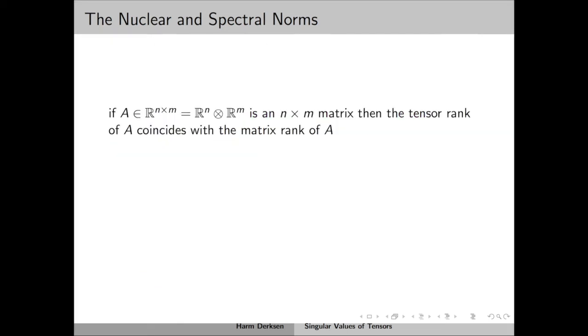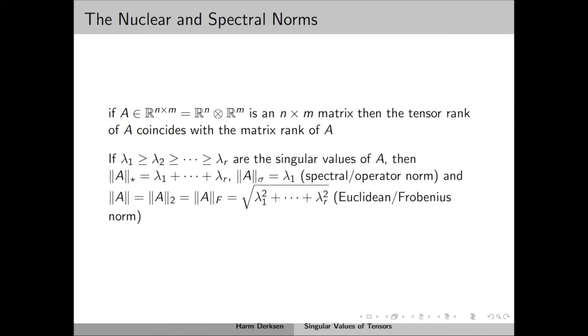Maybe I'll just mention here, if we work with matrices, then the tensor rank is the same as the matrix rank in that case. The nuclear norm in that case is also the nuclear norm as it is defined for matrices, which is the sum of the singular values of a matrix.